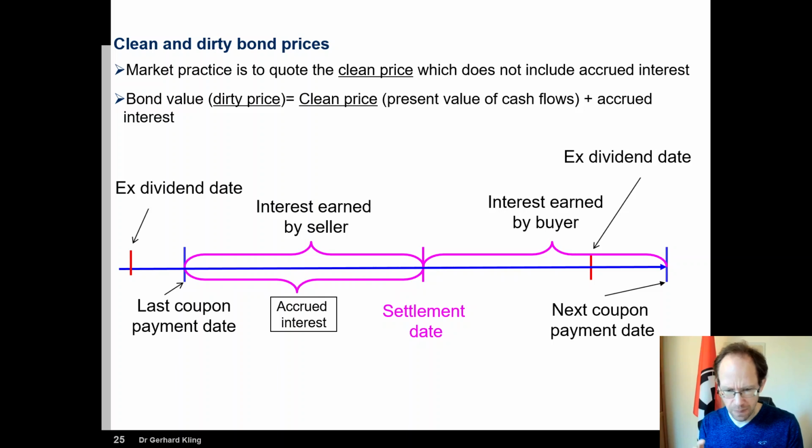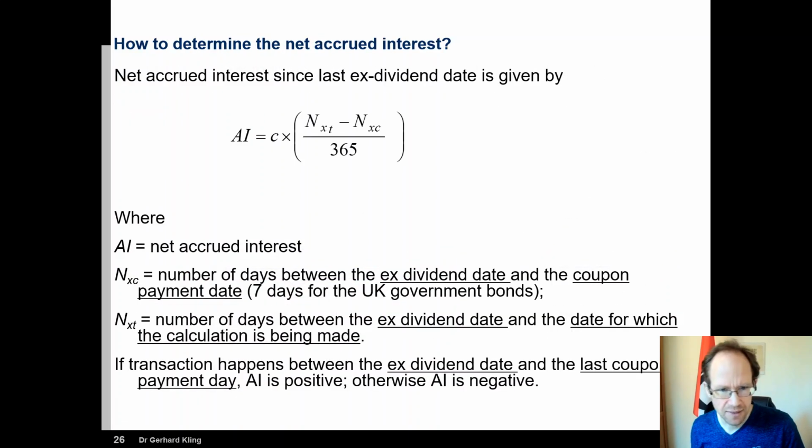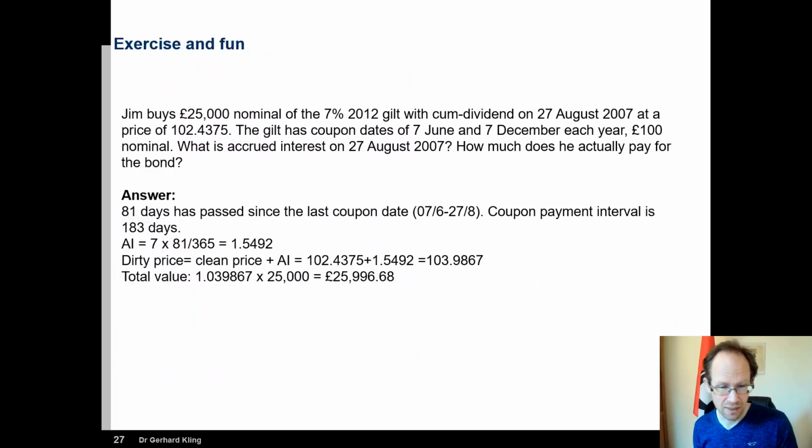Now the difference of course depends very much on timing of payments, and I think I do it best using an example. So what we do is we look at how many days there are between the time of buying or selling the bond and the time where payments are made. Now actually it's much easier to go straight into an example. I think this is much more intuitive.